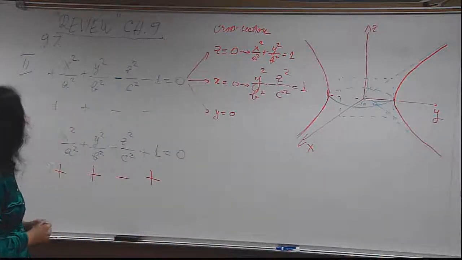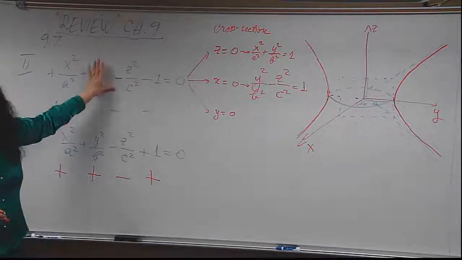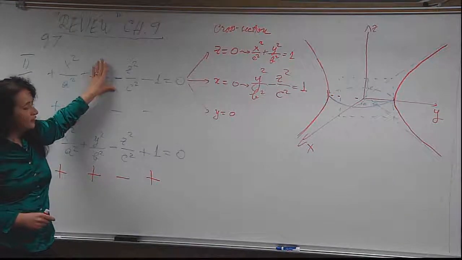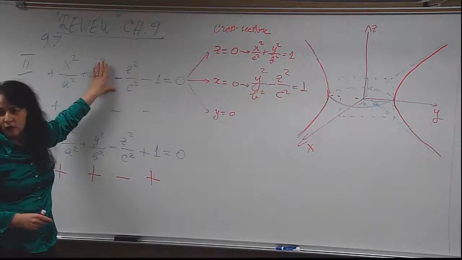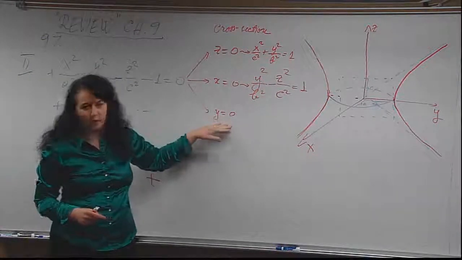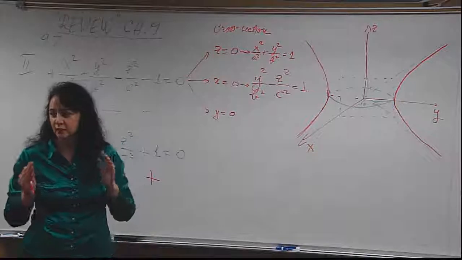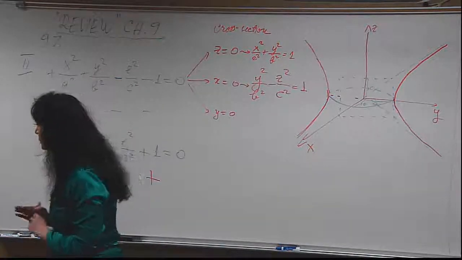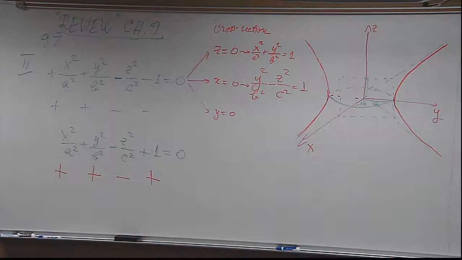semi-axes. What exactly do you have when you put y equals 0? Yes, sir. By setting the individual terms x, y, z to 0, you can see what it looks like. Right, because y equals 0 would represent what? The intersection of your surface with the plane y equals 0. And the plane y equals 0 would be this one. So I want to see where my surface intersects this wall.